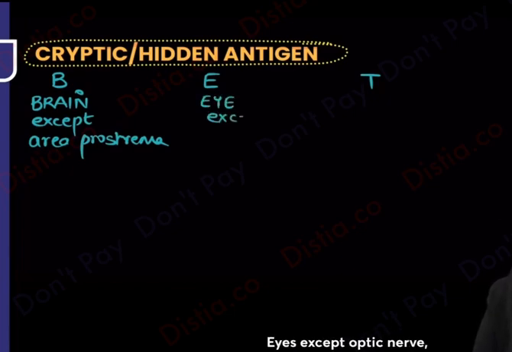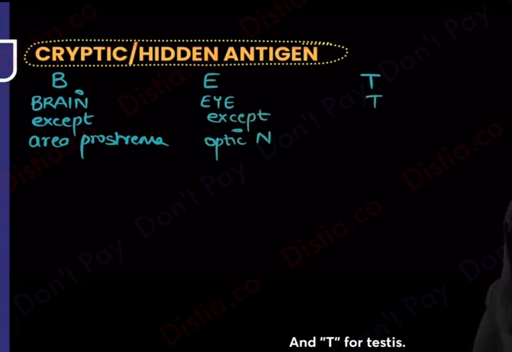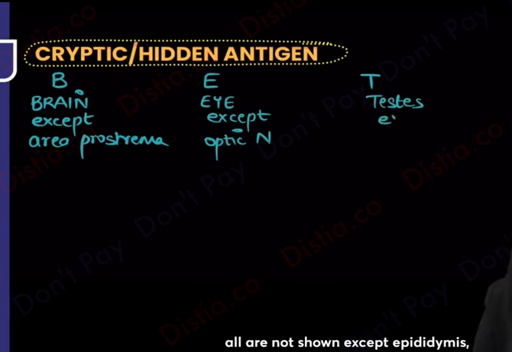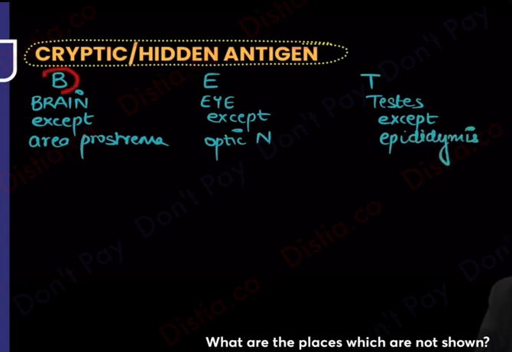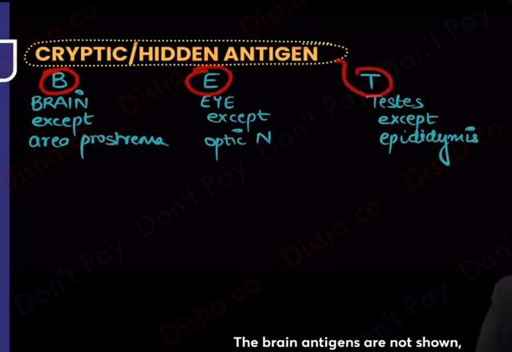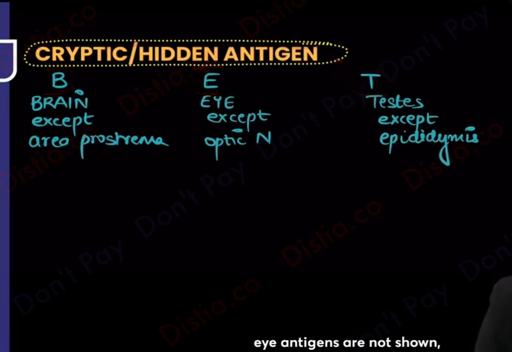Eyes except optic nerve. And T for testis, testicular antigens, meaning seminiferous tubules and all are not shown except epididymis. So repeating once again, what are the places which are not shown? The brain antigens are not shown, eye antigens are not shown, testicular antigens are not shown.